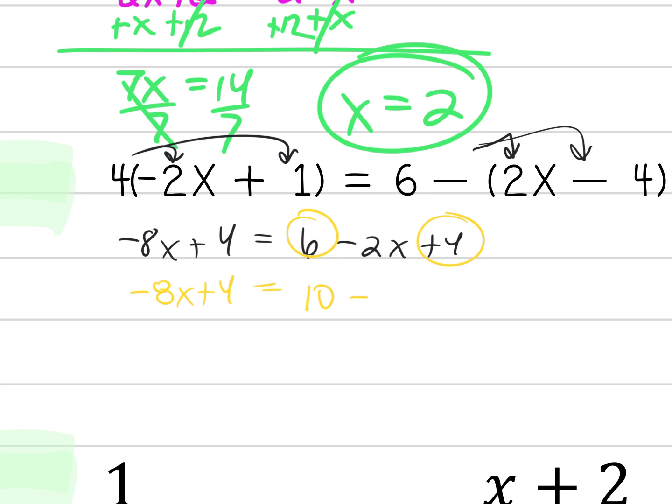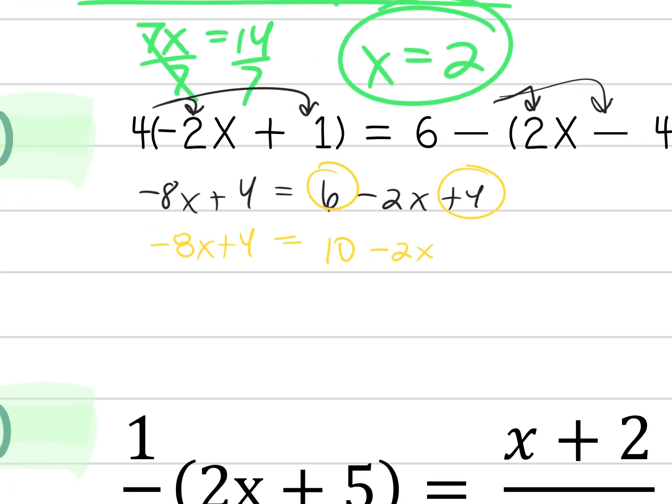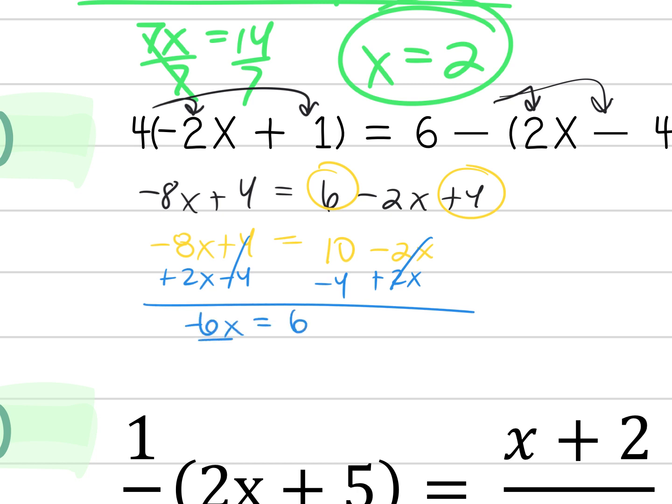So 10 minus 2x, another way we could write it is negative 2x plus 10, either way. So I'm going to add 2x to both sides, and I'm going to subtract 4. Negative 8x and 2x is negative 6x, equals 6. Divide both sides by negative 6, and x equals negative 1. Good.